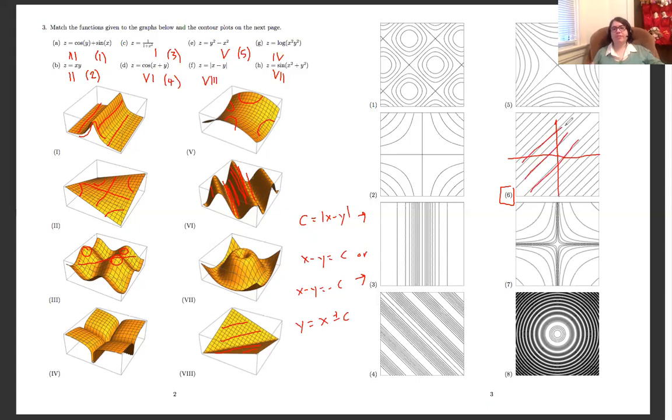Also, these are very nicely evenly spaced, which makes sense because z is basically linear in x and y. If it weren't for this absolute value, I would get a plane where I would just get perfectly evenly spaced values. It's definitely not bunching like this one or this one. So just this nice even spacing is confirming to me that this should be choice 6.